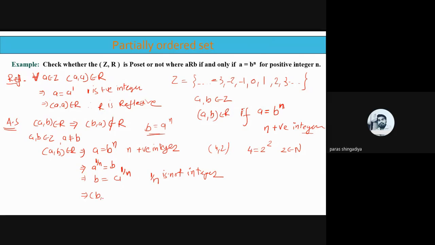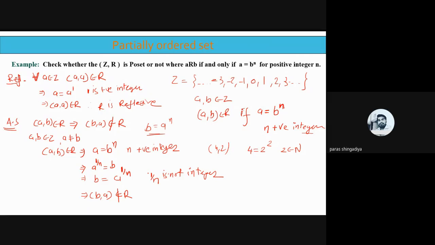Therefore we can say that b comma a does not belong to R. Why does it not belong to R? Because we get the form b is equal to a raised to 1 upon n, and here at the start we considered n a positive integer. So we cannot say 1 upon n is also a positive integer, and for a positive integer we can consider the b is equal to a raised to n form, but here we get the 1 upon n form.